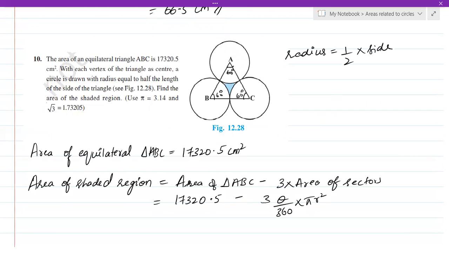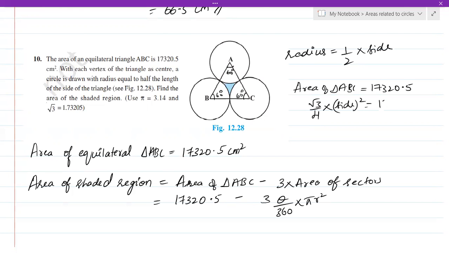But the side of the equilateral triangle is not known, right? So we have to find the side of the equilateral triangle. Only then can we find the radius. Once we find the radius, we can substitute. For that, I'm going to use the area of triangle ABC, which is given as 17320.5. We know that the area of an equilateral triangle is given by the formula √3/4 into side square.